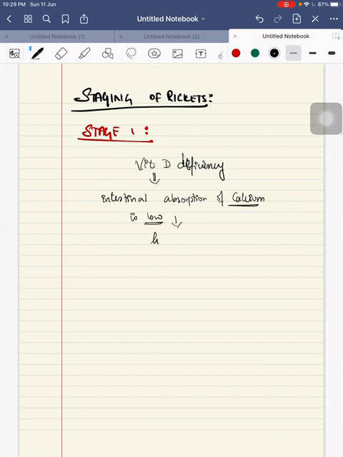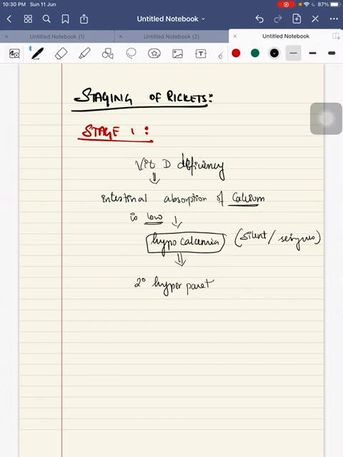So intestinal absorption of calcium will be low. This is leading to hypocalcemia. In this stage, the child can be silent, that is without any symptoms, or the child can have seizures also. Once there is hypocalcemia, it leads to secondary hyperparathyroidism.